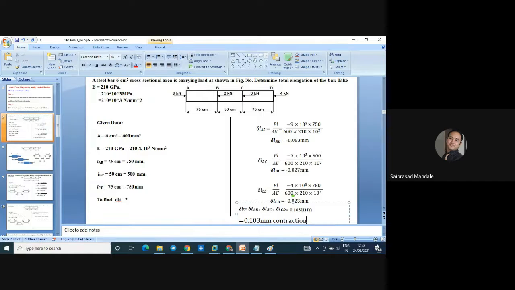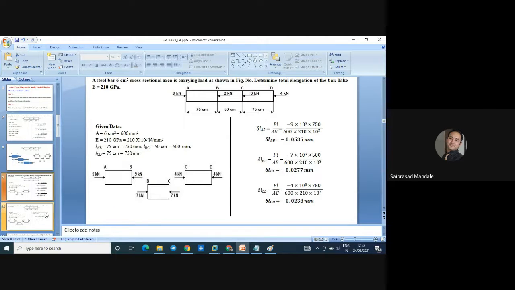Distance is never negative, so you have to say what the minus sign indicates. So it is 0.103 mm contraction. Okay, so this is the answer.